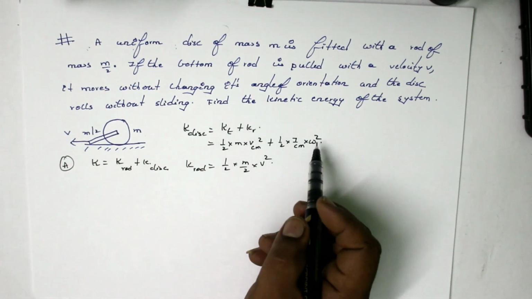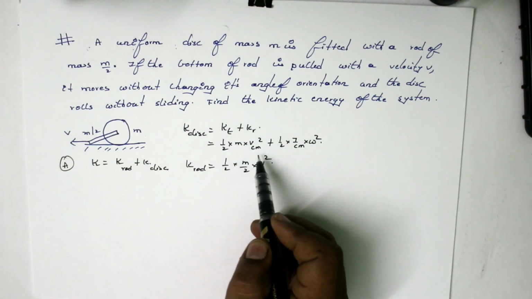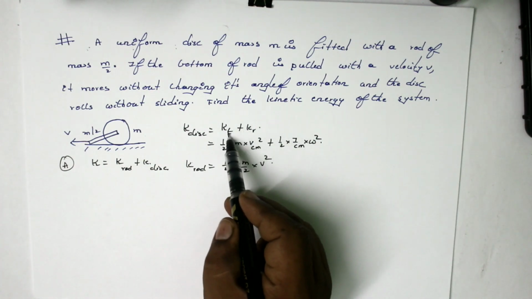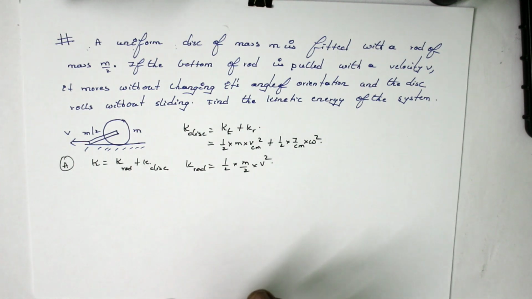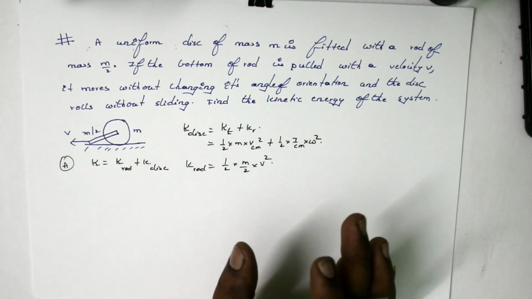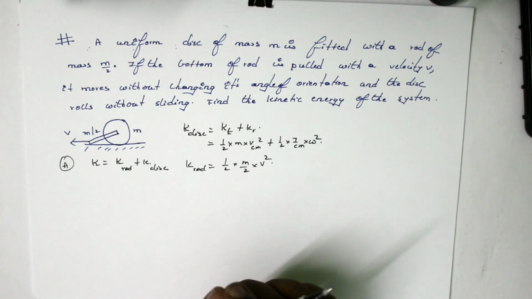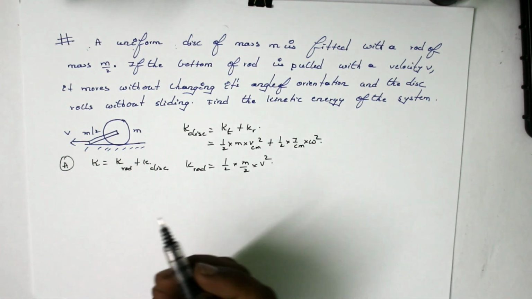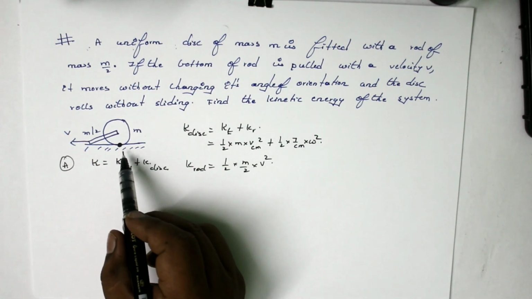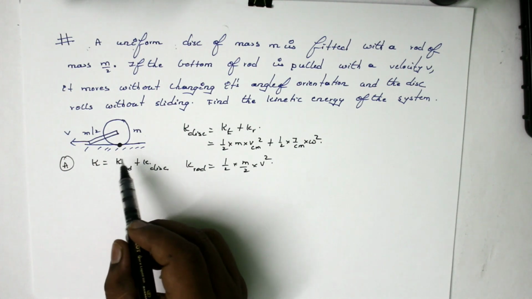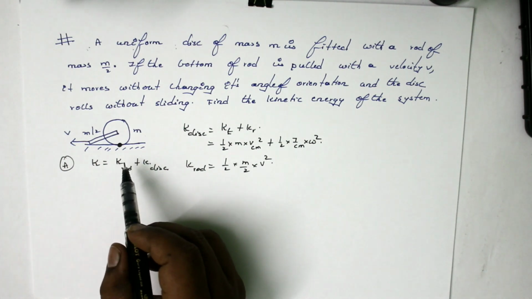Now, instead of calculating the total kinetic energy of the disk separately by considering translational and rotational kinetic energy, I can calculate it if I find which axis the disk is actually rotating around. This disk is rotating around this axis, which is called the temporary axis of rotation, or we can call it the instantaneous axis of rotation.